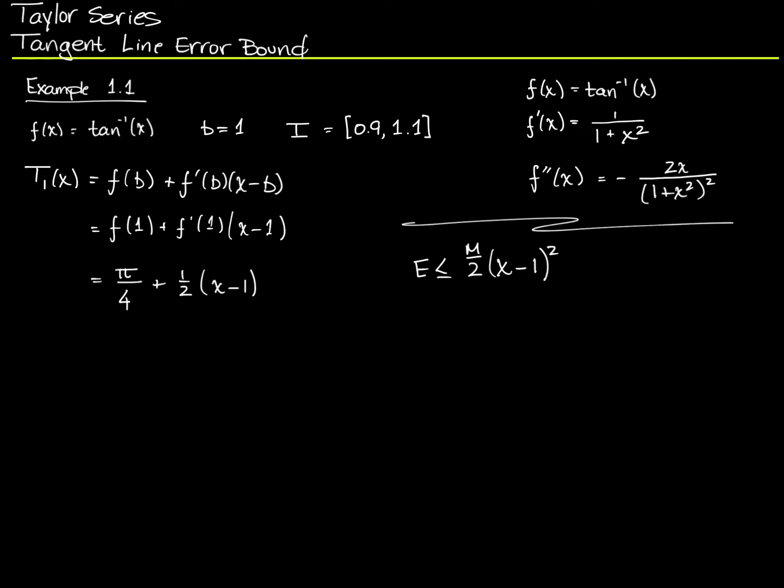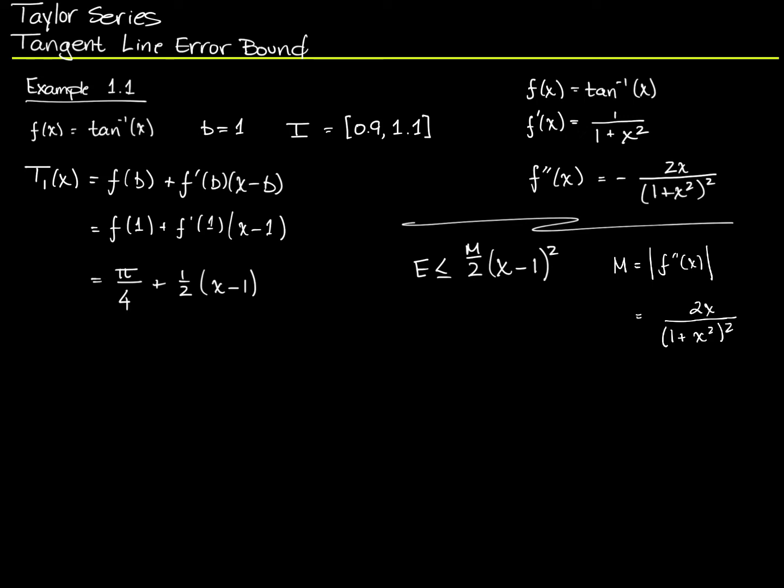So we want m to equal the absolute value of the second derivative. And in this case, that's going to be positive 2x over 1 plus x squared quantity squared.